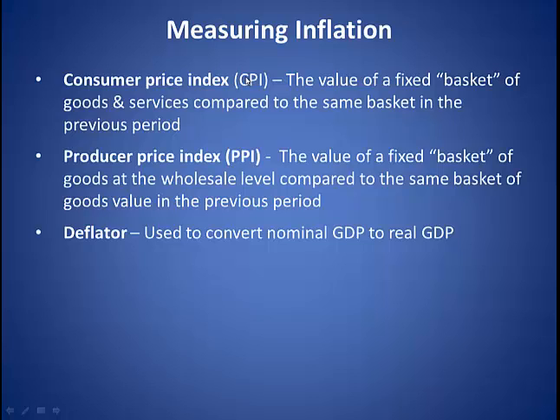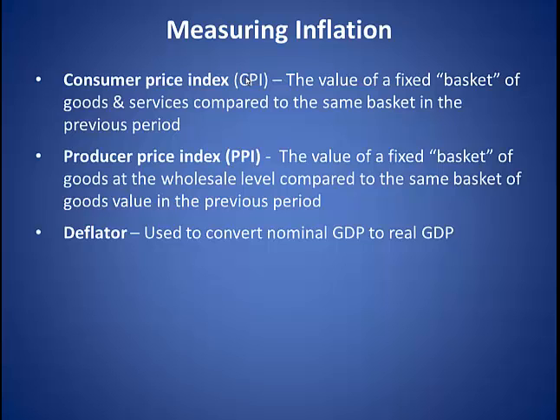That's the value of a fixed basket of goods and services compared to the same basket in the previous period. So we compare the value of the basket today versus the basket previously, and we look at the price changes. We could see that inflation caused that basket to increase by 4%.